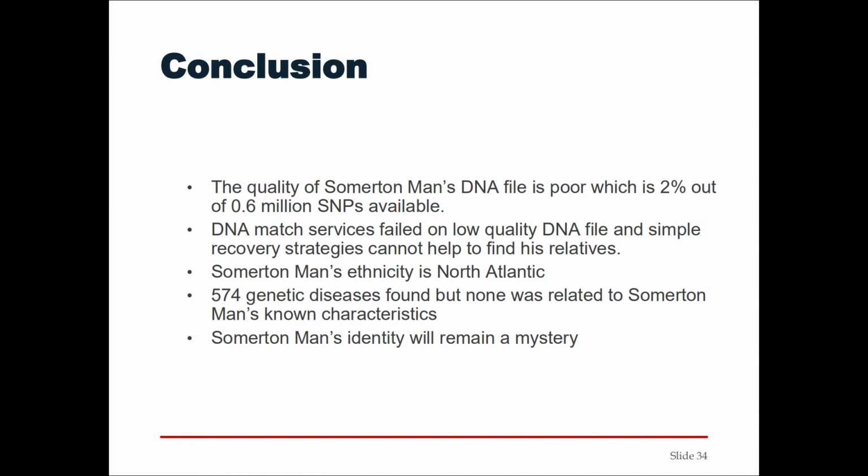But we somehow proved that the Somerton Man comes from Europe and his major ethnicity is North Atlantic and Baltic, and we found 574 genetic diseases that the man could possibly have, although none of these diseases is related to his known characteristics. Therefore, we cannot find who the Somerton Man is, and his identity will remain a mystery.